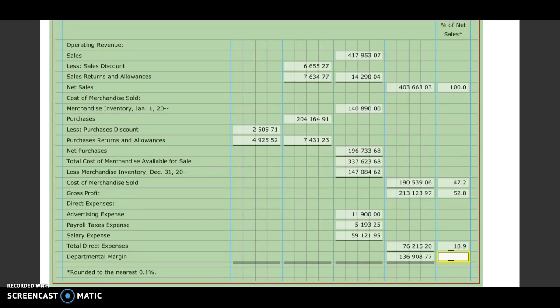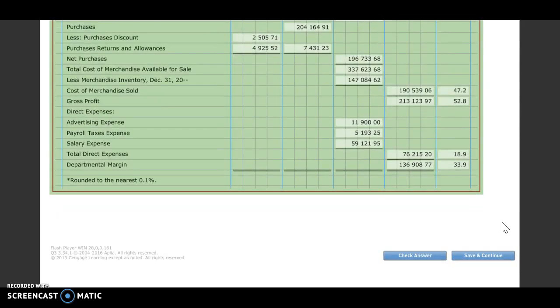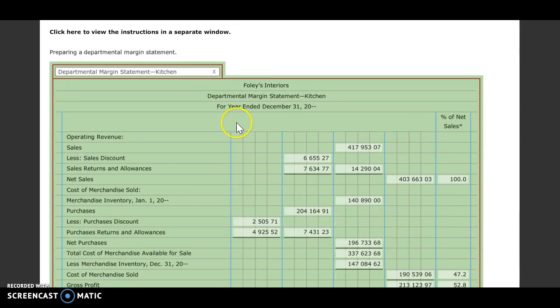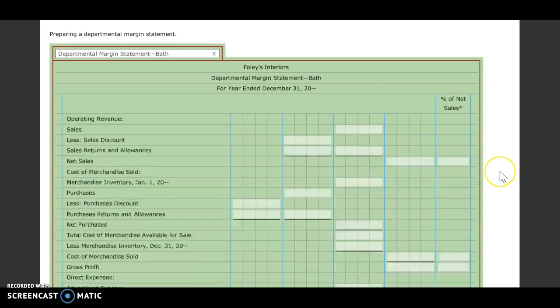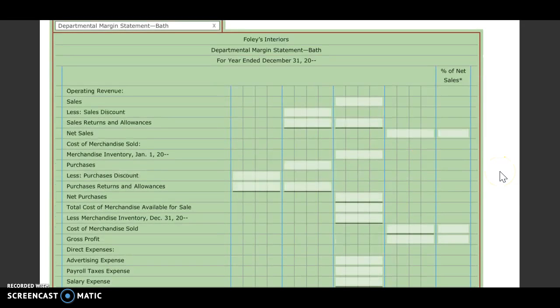And the last one, our departmental margin divided by net sales, and we should get 33.9%. Okay, so that was for kitchen. Next, we do need to do our bath. So I will stop this video and you will go to the part 2 video for the bath statement.